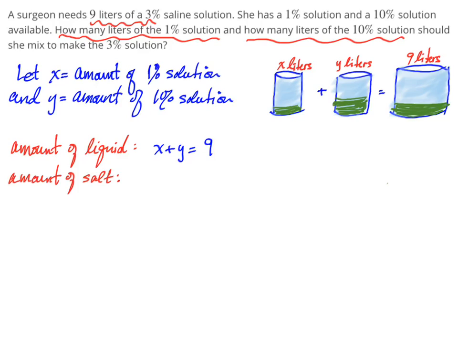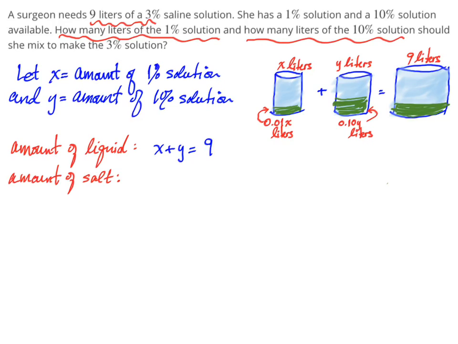Now let's look at how much salt is in each container. In the first container, we have x liters, but only 1% of it is salt, so we have 0.01 times x liters of salt. The second container contains 10% salt, so it's 0.10 times y liters of salt.